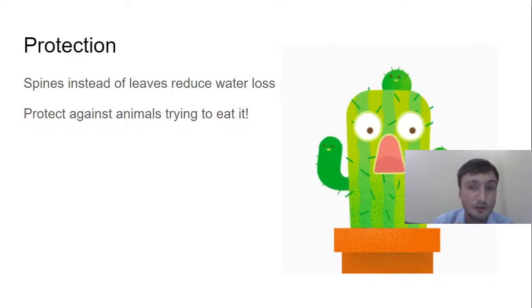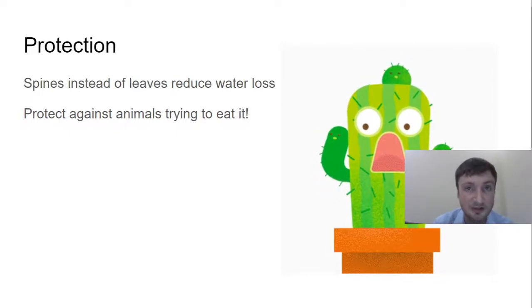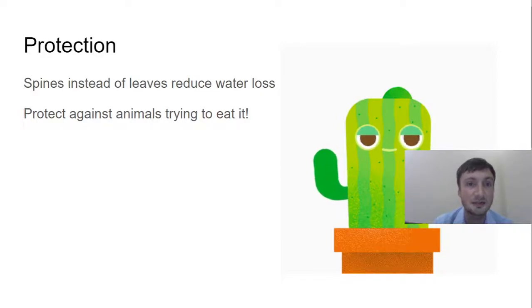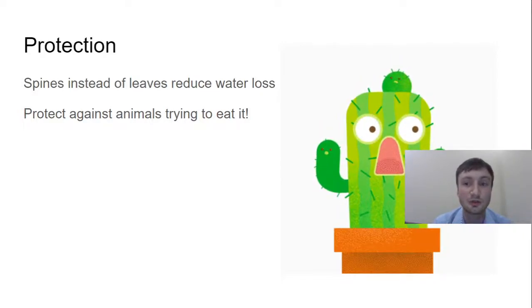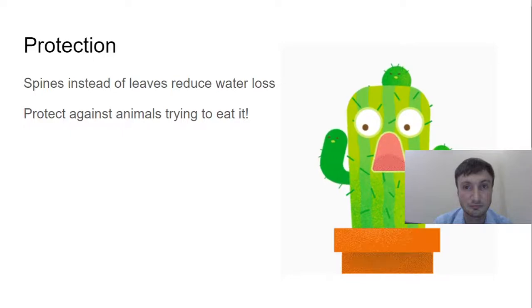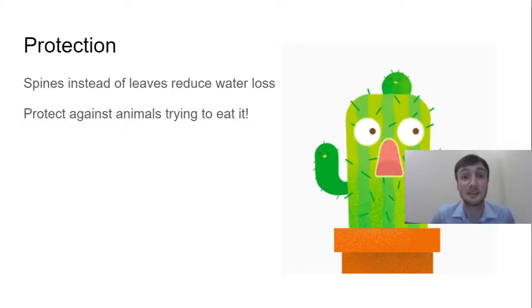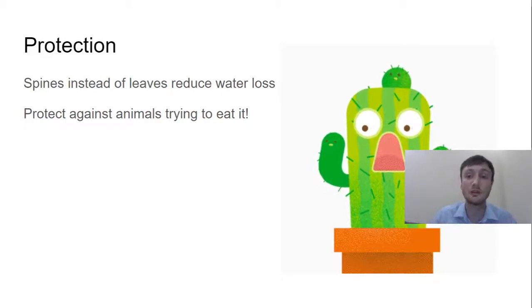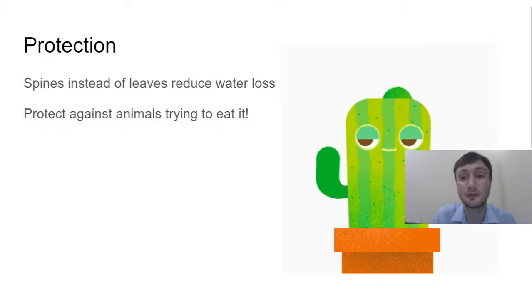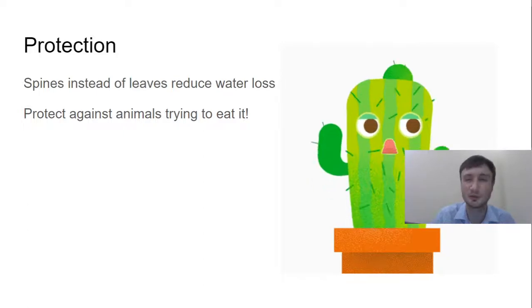But also, because cacti have spines instead of leaves, means they don't lose so much water. Okay, so and where do cacti live? They live in the desert. So it's perfect for when you're in the desert and there's not much water.